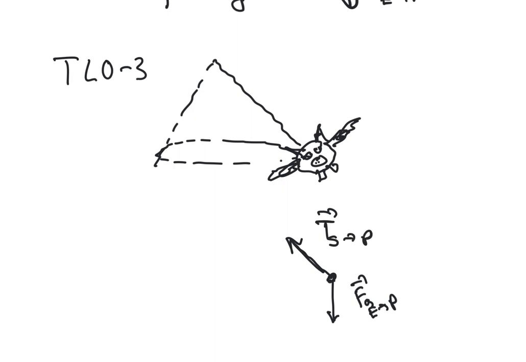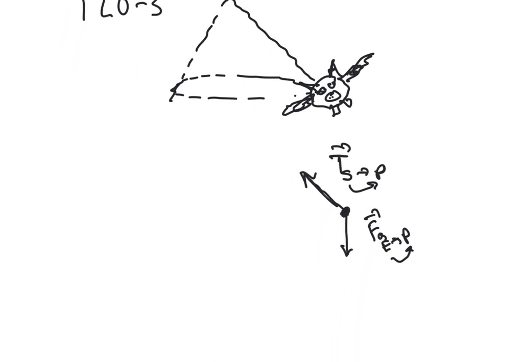The forces both have their tails acting on the dot that represents the system. The forces both have labels that show the source of the force and the object experiencing the force. So the string acts on the pig, the earth acts on the pig. All forces have sources, so that's basically all there is to it.